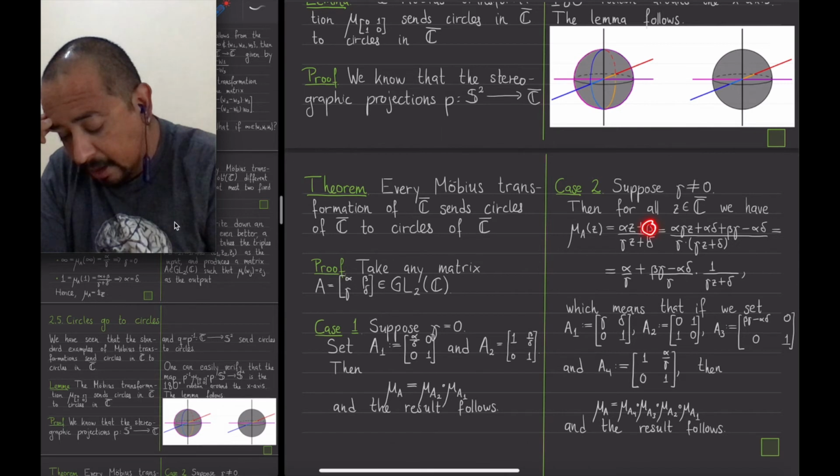Let's multiply with gamma. But then we really multiply all of this with gamma and all of this with gamma to maintain the equality. And once we multiplied both numerator and denominator with gamma, we add a 0, namely the part of the determinant of A that is still missing.